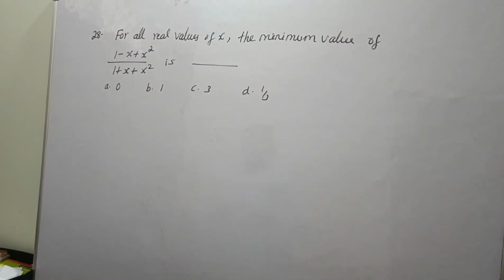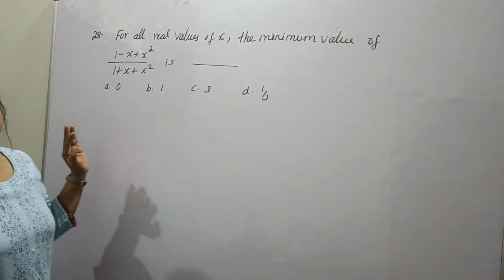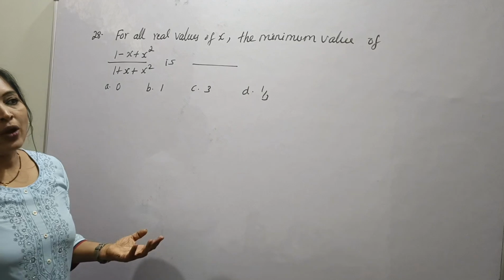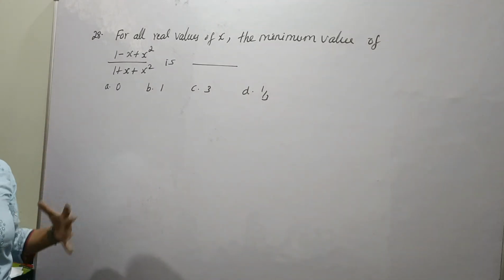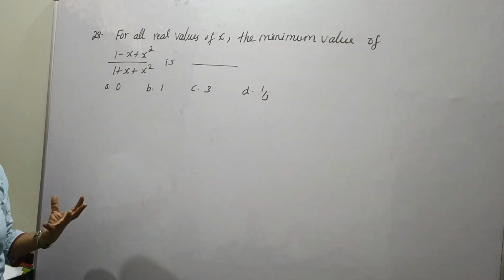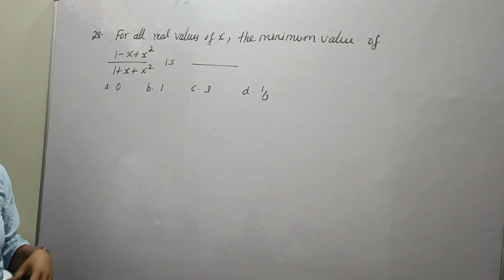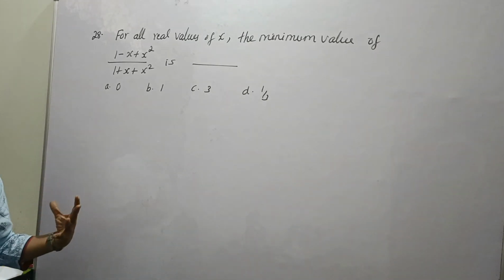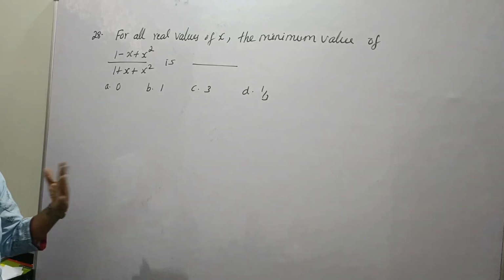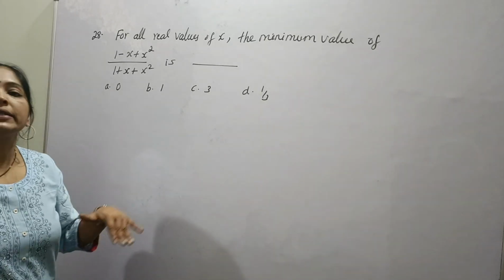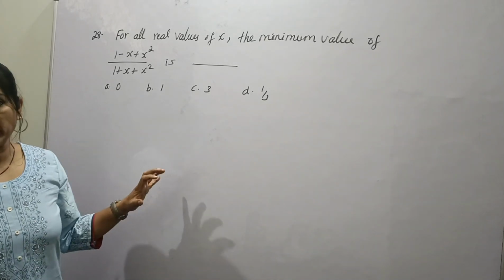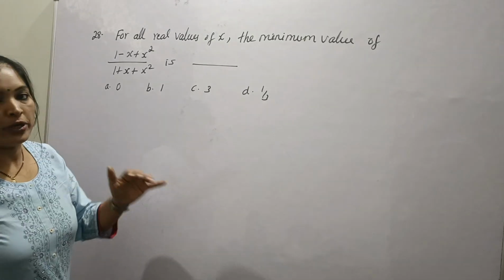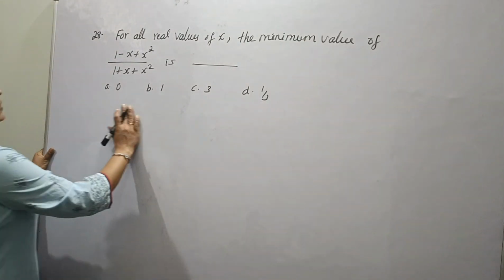For all real values of x, the minimum value of 1 minus x plus x square divided by 1 plus x square is dash. So here we have to find the minimum value. For that, what is our method? Second derivative: find the first derivative and the second derivative, and the second derivative should be greater than 0 at a particular point for a minimum.